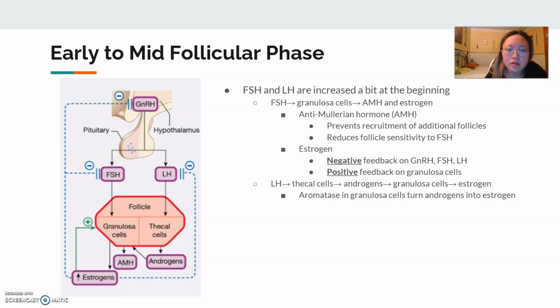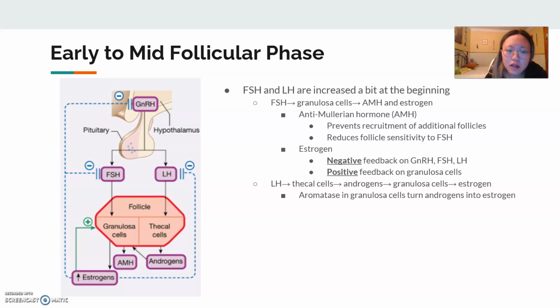And if you were to follow the path of LH after it's released from the pituitary gland, and after it's prompted for release by the GnRH from the hypothalamus, the LH would go into the thecal cells, where it will prompt the release of androgens, which then go into the granulosa cells and are converted into estrogen by aromatase.